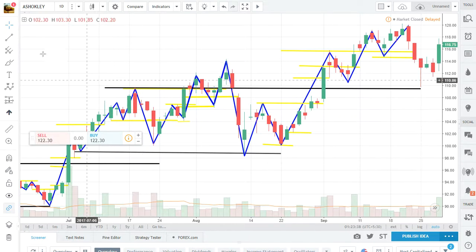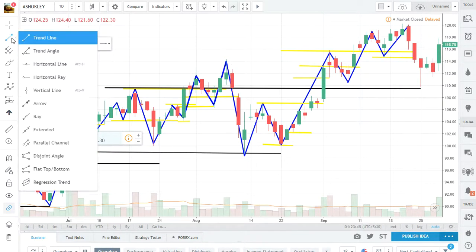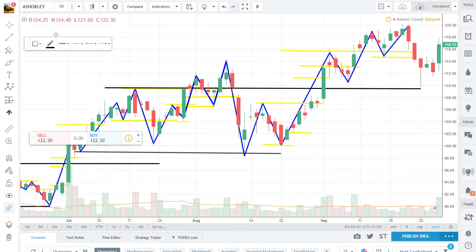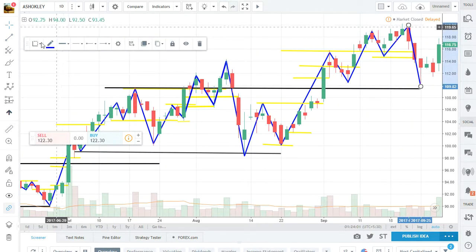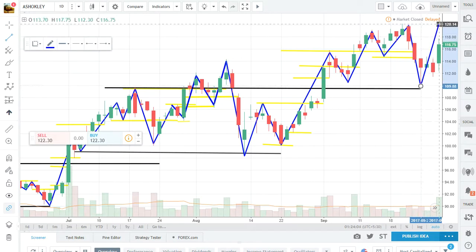So this is the last swing high. Let's draw the rest of it, and it is going like this as of now.